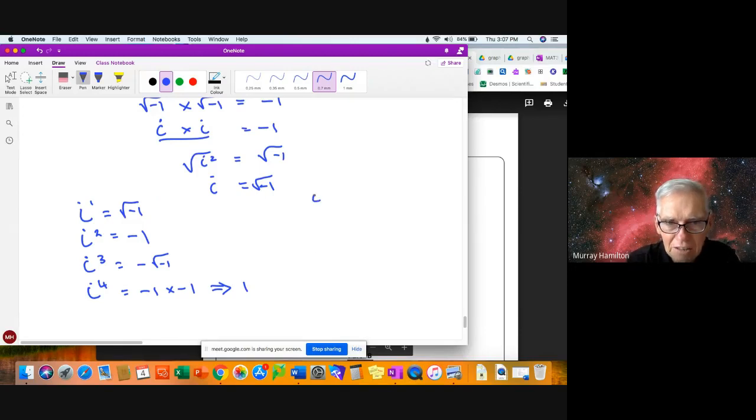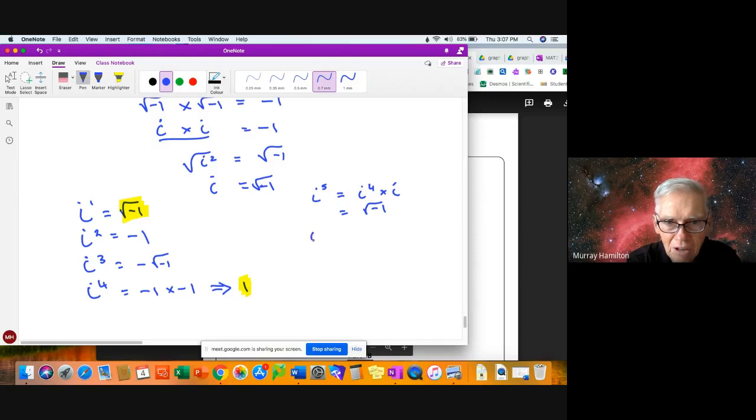Okay, i to the power of 5 equals i to the power of 4 times i, which equals, we know that i to the power of 4 is 1, and i to the power of 1 is that one there. So we can replace them in there, that is one lot of that.